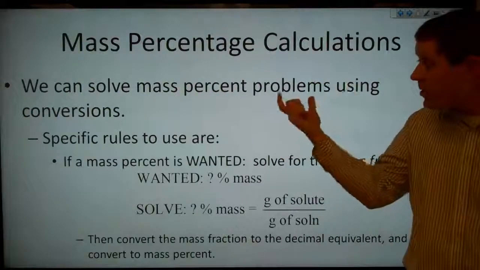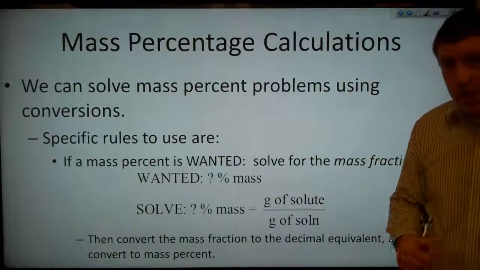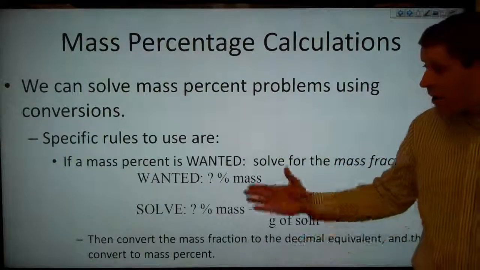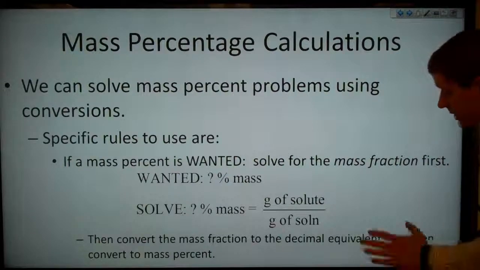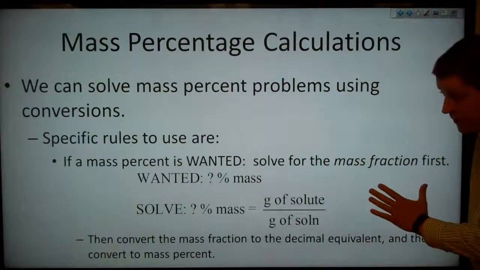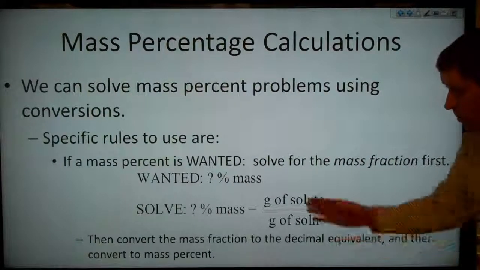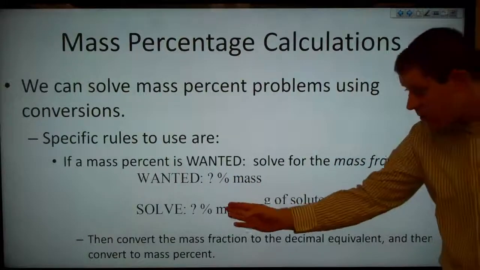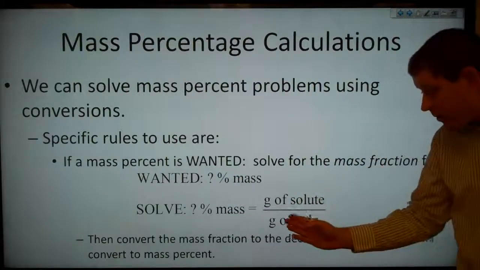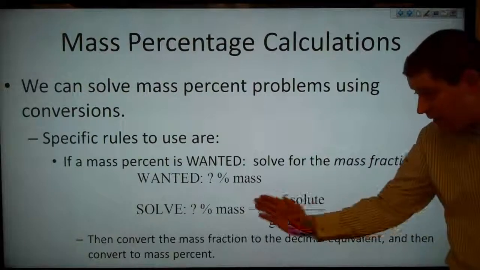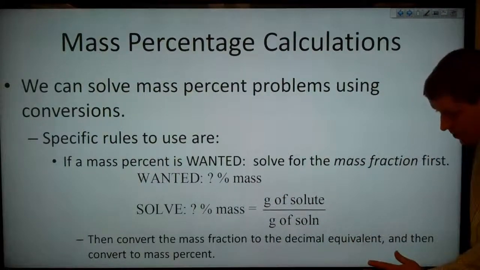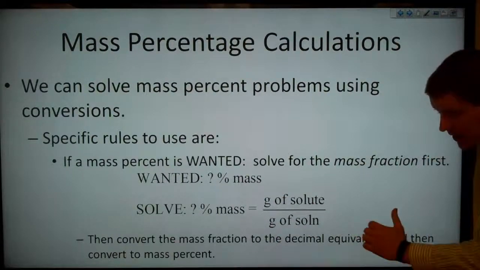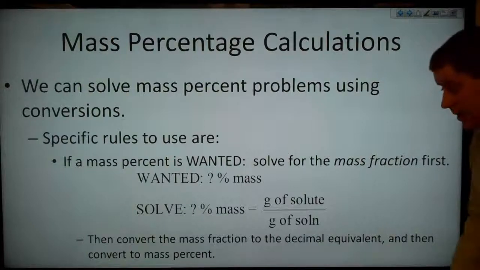So we can solve mass percent problems using conversions, and some specific rules to use are: if a mass percent is wanted, solve for the mass fraction first, as we do here. So we want percent mass, so solve for grams of solute divided by grams of solution, and then convert that mass fraction to the decimal equivalent, and then convert to mass percent.